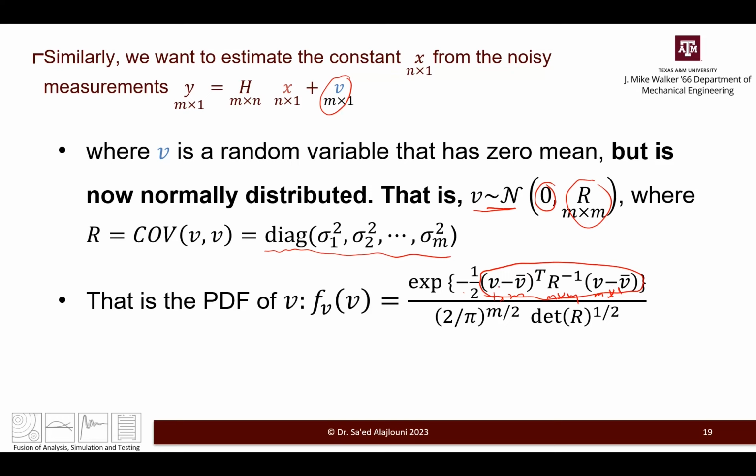All we're doing is subtracting the mean from V, and then getting a weighted norm. We're calculating the norm of V, but weighting it by the inverse of the covariance matrix. And DET here is the determinant of R, the covariance. The covariance is a matrix, and this is the determinant of that matrix.